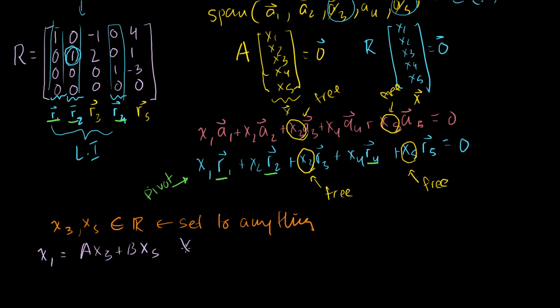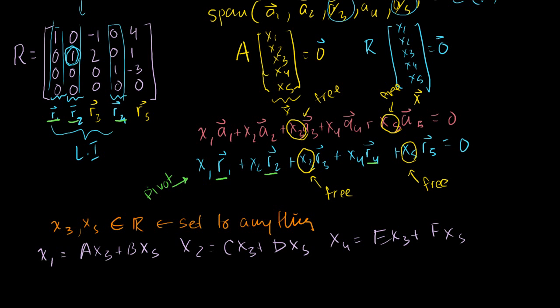Maybe x2 is equal to c x3 plus d x5. And maybe x4 is equal to e x3 plus f x5. That comes directly out of literally multiplying this guy times this equals 0.